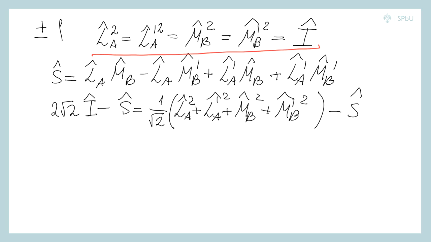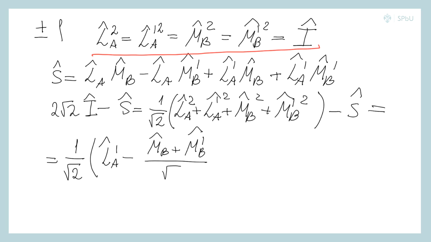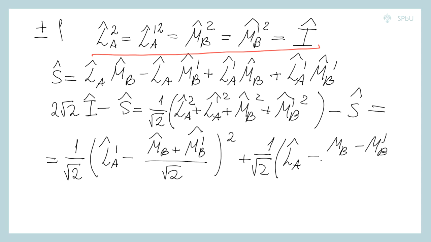We can now use an explicit form of S and, with a bit of algebra, obtain the following: 1 over square root of 2 times the quantity LA prime minus MB plus MB prime, divided by the square root of 2, to the power 2, plus 1 divided by the square root of 2 times the quantity LA minus MB prime over square root of 2, to the power 2.